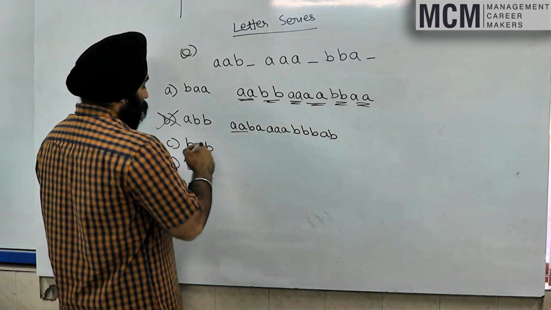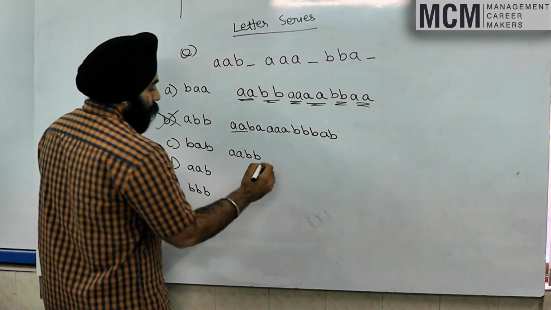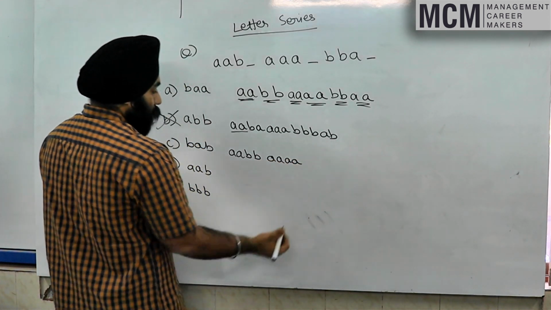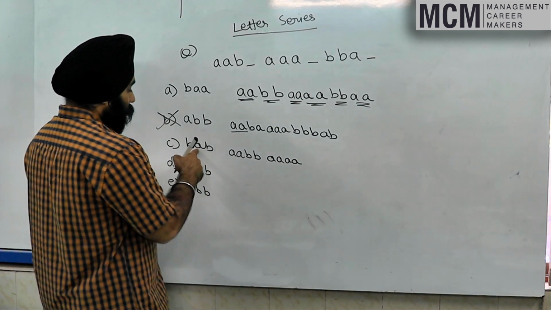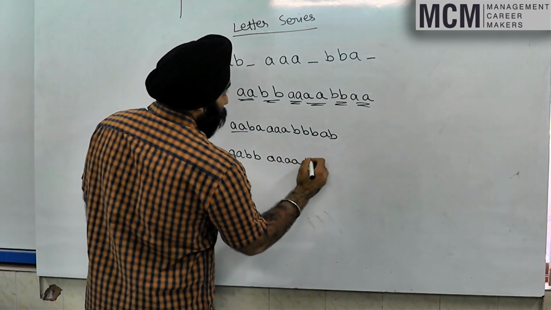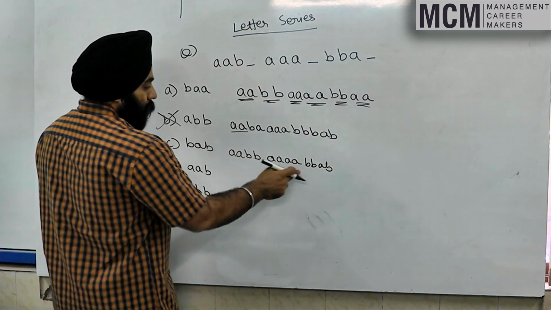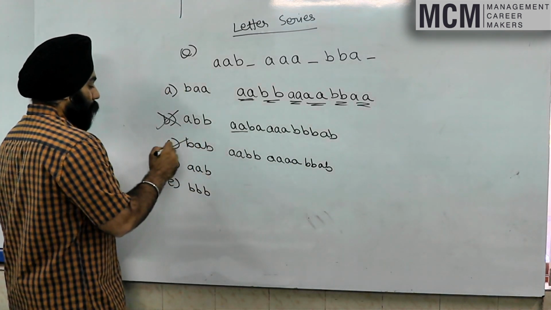Right? Let's try the third option. Again A, B. Then you have 3 A's, 4 A's you have over here, because of this A. Then you have B. Again, it is not repeating.